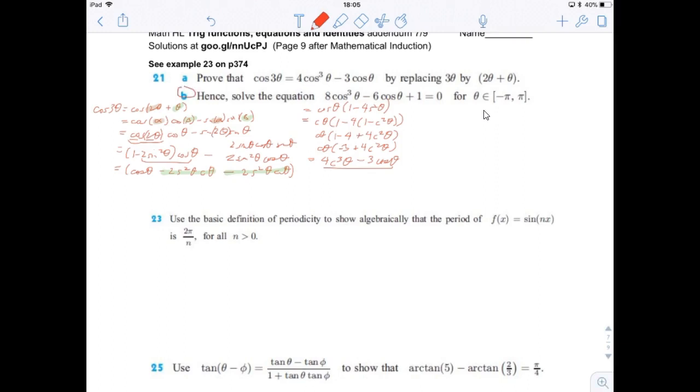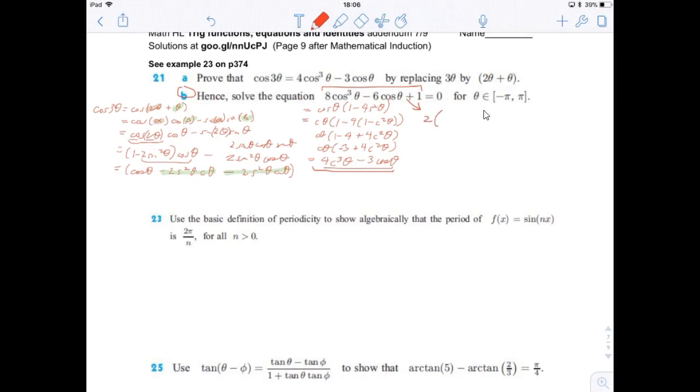Part B, hence solve the equation 8 cosine cubed theta minus 6 cosine theta plus 1 equals 0. Okay. All right, so do you see how this equation here kind of looks like this equation here? So let's try to make this one look the same. What if I factored out 2 out of the 8 and the 6?